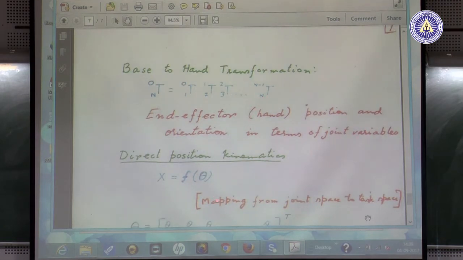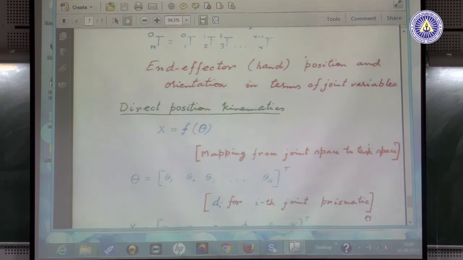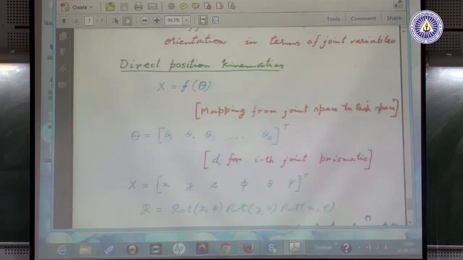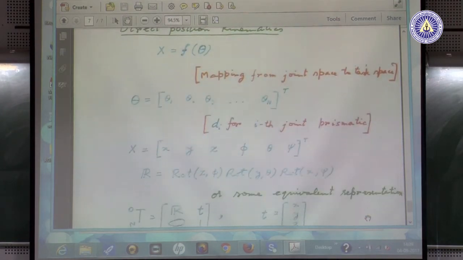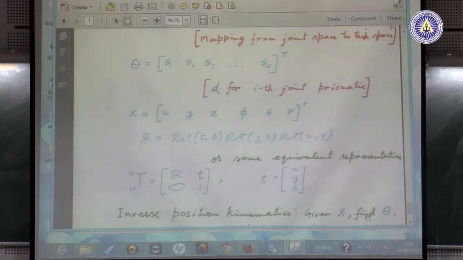So, this gives you a mapping from joint space to task space. Why am I calling it nothing? Because it is an inverse problem which is really troublesome. So, the inverse problem will be what?